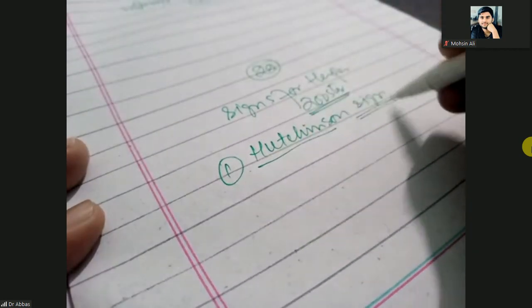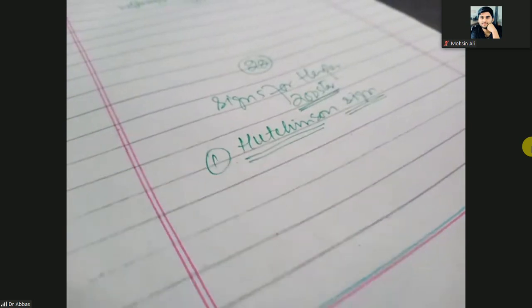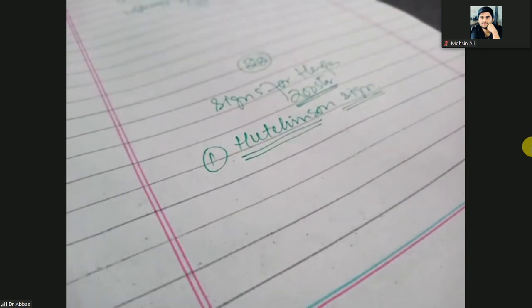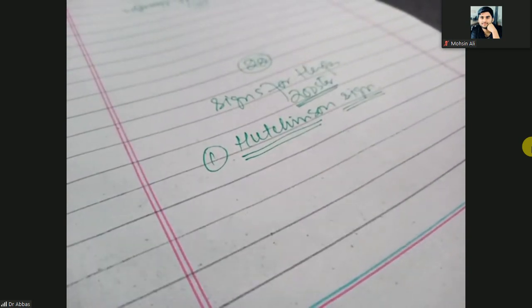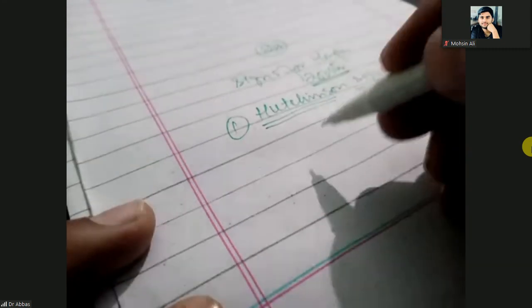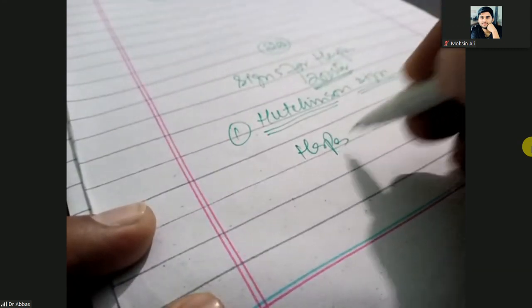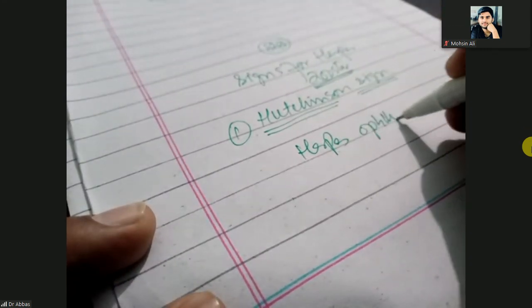Actually, with the Hutchinson sign, you want to check whether herpes zoster or shingles can cause herpes ophthalmicus.